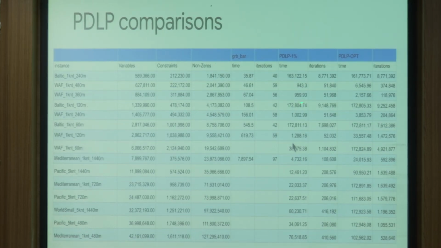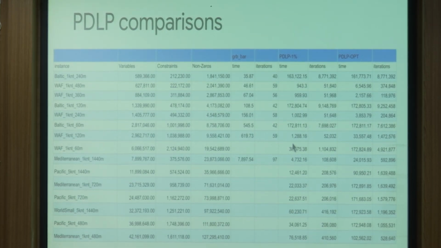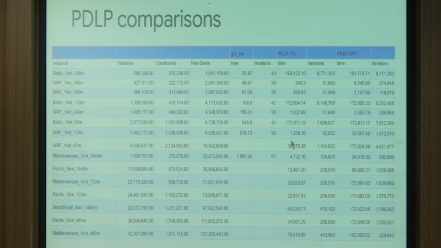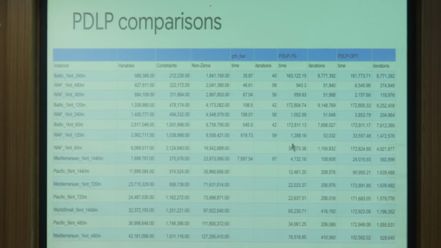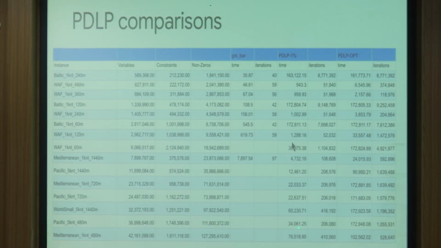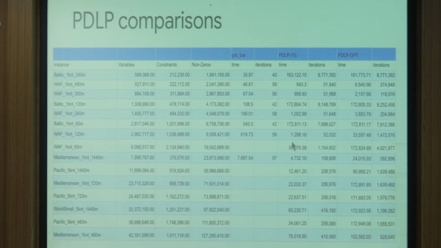Those close to the 2-day limit are essentially timeouts. And here is PDLP with a 1% optimality gap, but a 10 to the minus 8 feasibility tolerance, which is very tight. So these are truly feasible solutions with some gap. And it's going a long way, all the way to 127 million non-zeros. Sure, it takes a while.